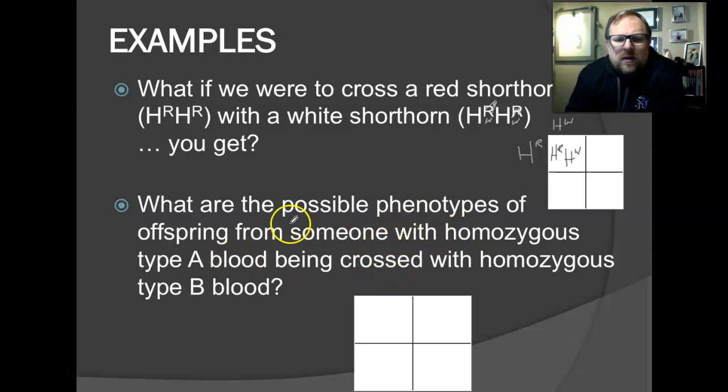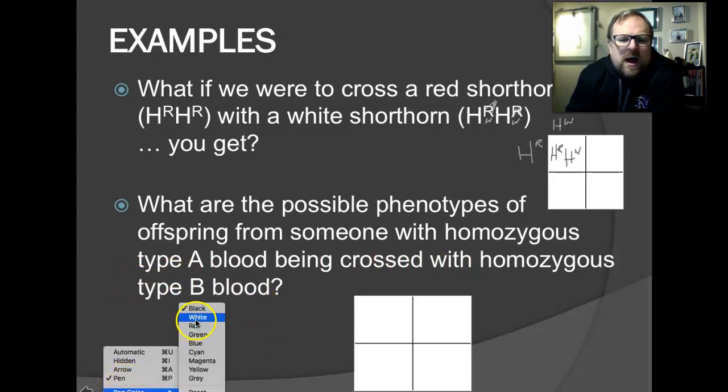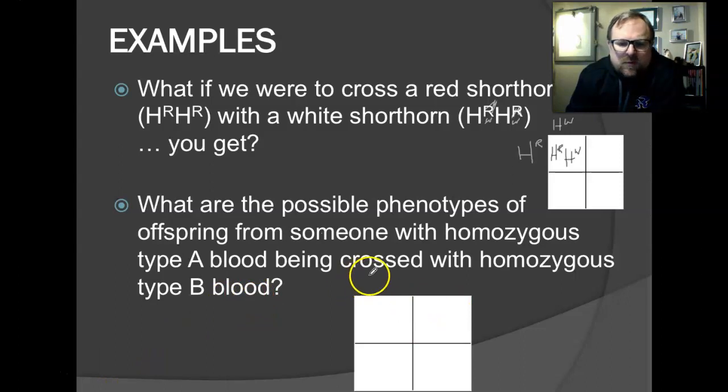And then if we're talking about phenotypes of offspring for someone with homozygous type A blood being crossed with homozygous type B blood, again, we're talking about blood types here, and we'll use that I to represent this. So here's our homozygous type A blood, and they would be IA, right? I'm just going to focus in on this square.